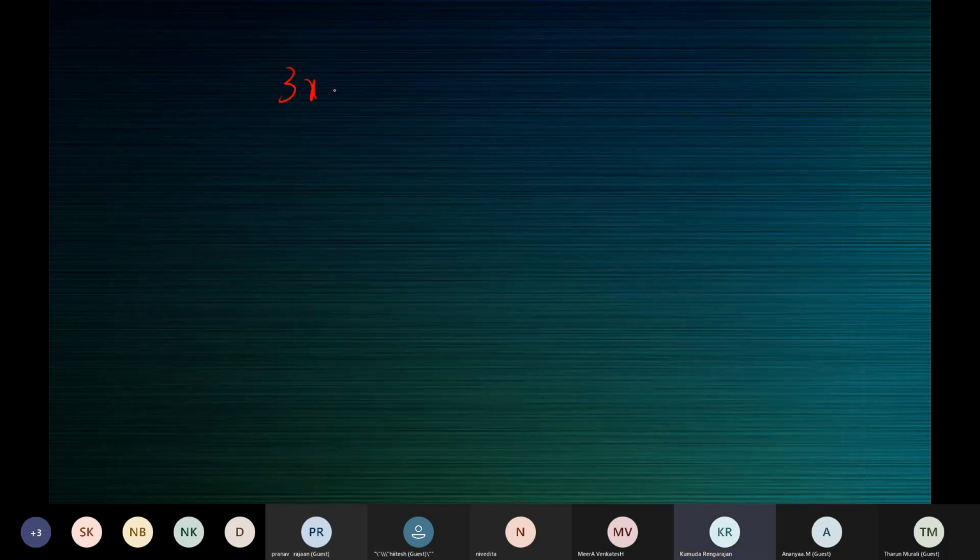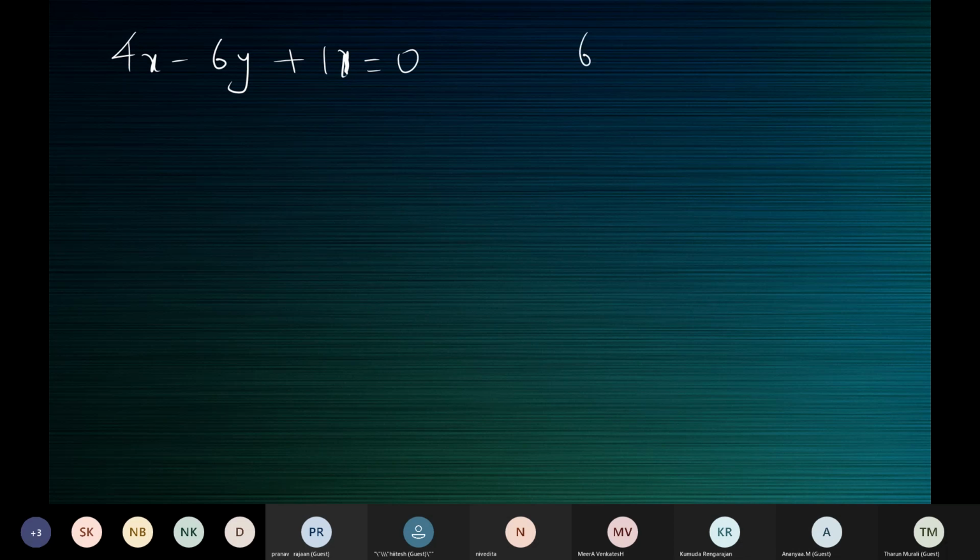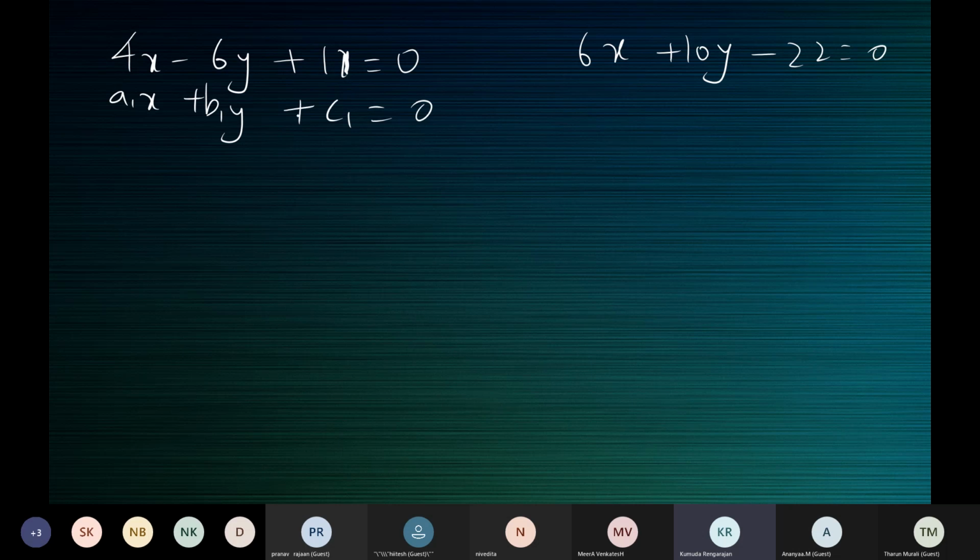Now if I have the equations. All right. Now you have to compare this with A1x plus B1y plus C1 is equal to 0, children, because that is the standard form.